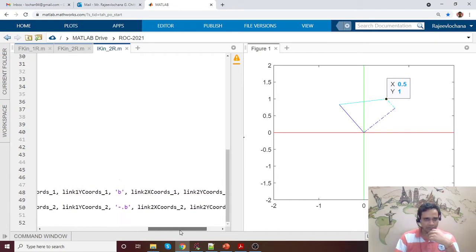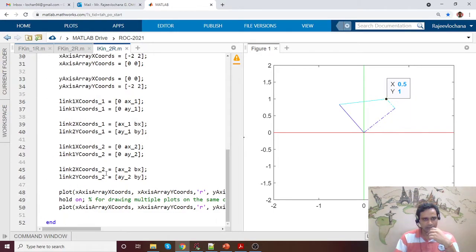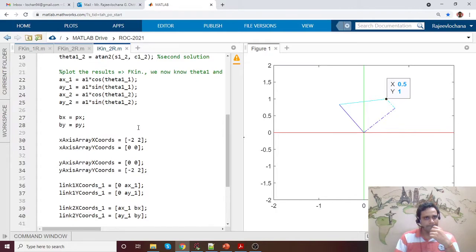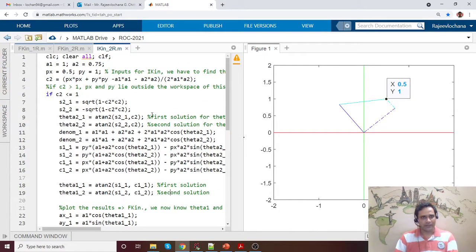Okay, so this is link 1 x coordinates, link 1 y coordinates, link 2 x, link 2 y. Okay, let me try with the simple set a1.